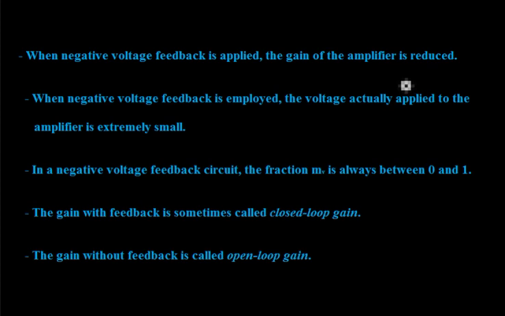So the power gain will decrease because the power gain is the product of the voltage gain and current gain. However, the reduced power gain is compensated by the increased bandwidth. So negative voltage feedback is commonly employed for this reason.